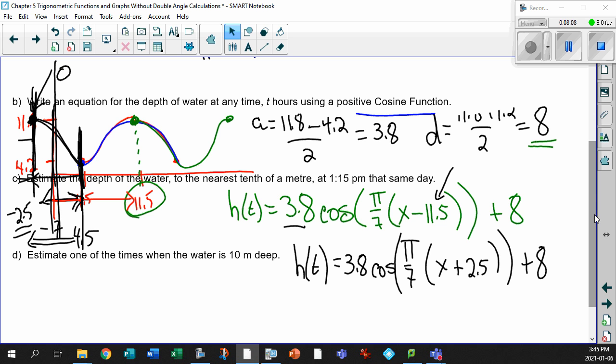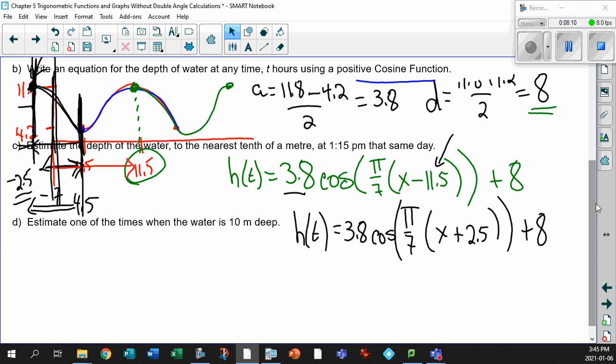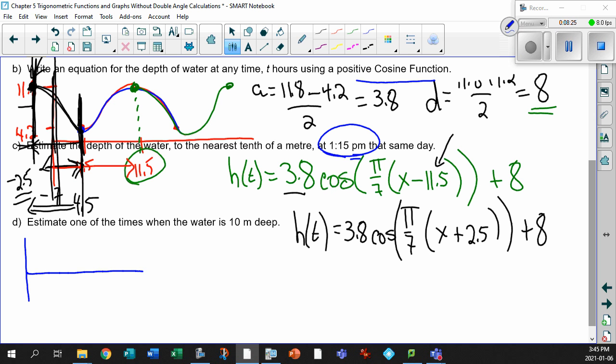Pretty cool, right? Now, here we go. This says to estimate some stuff for us. So estimate the time at 1:15, estimate the depth. So again, what does 1:15 mean? That means 1:15 PM. You're on that beautiful clock, which is a 24-hour clock. 1:15 PM means you've hit 12 o'clock noon. 1 o'clock, right, is 1,300 hours.